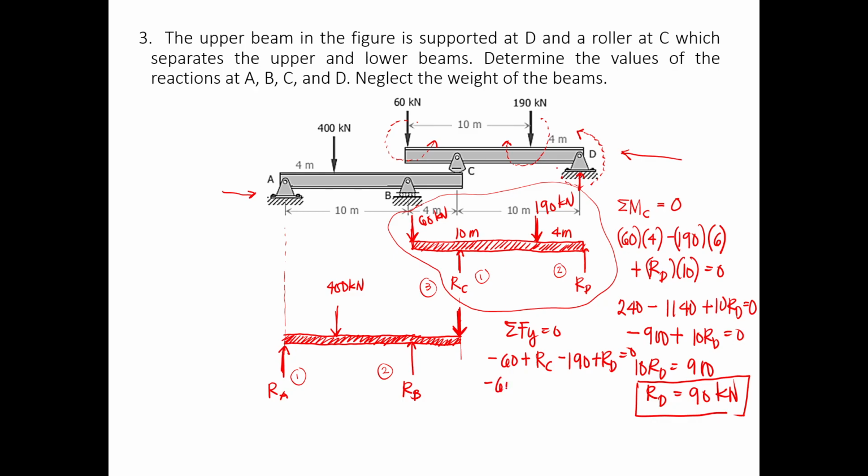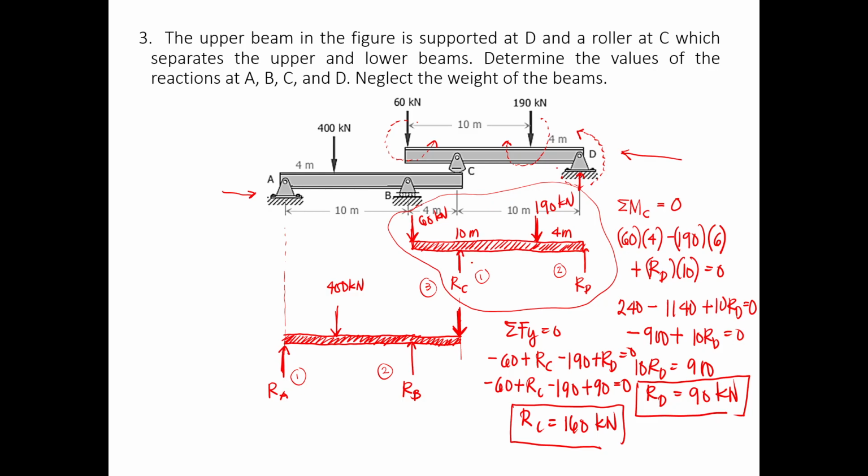So you have negative 60 plus the unknown reaction at point C minus 190 plus 90 equals 0. So the reaction at point C will be 160. Correct? 160 kilonewtons.